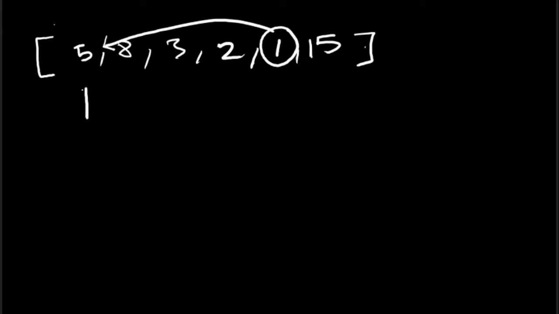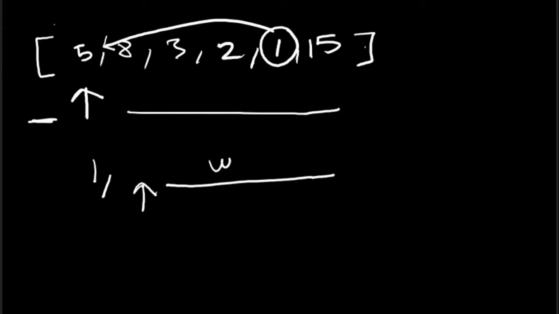So here we can keep a pointer which would separate two parts. The left part of this pointer would be the sorted list and the right part would be the unsorted list. Whenever 1 is added here at the 0th position, I can say the pointer is here, this whole right part is unsorted and the left part is sorted.